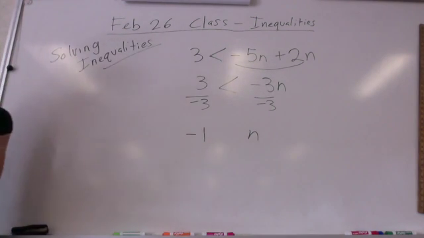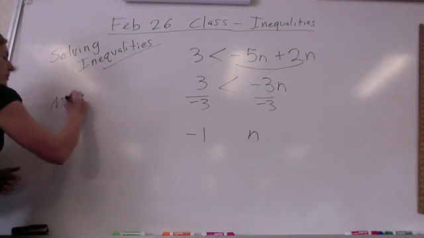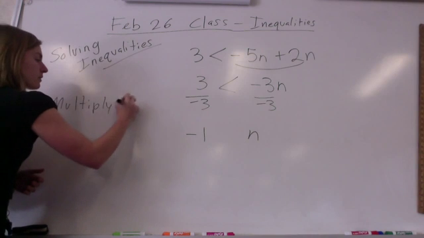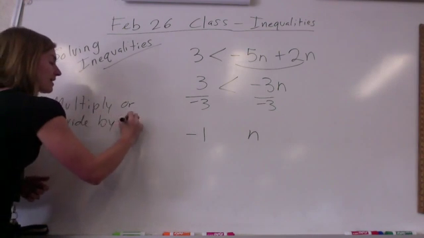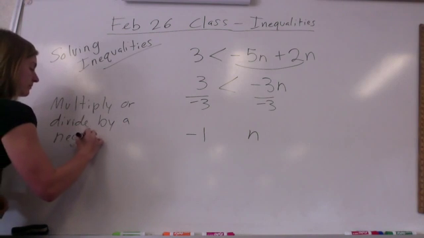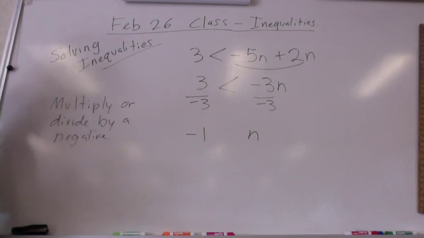Here's something that's going to get a little tricky, though. Something you have to watch for is that anytime you multiply or divide by a negative, you're going to switch the direction of the sign.